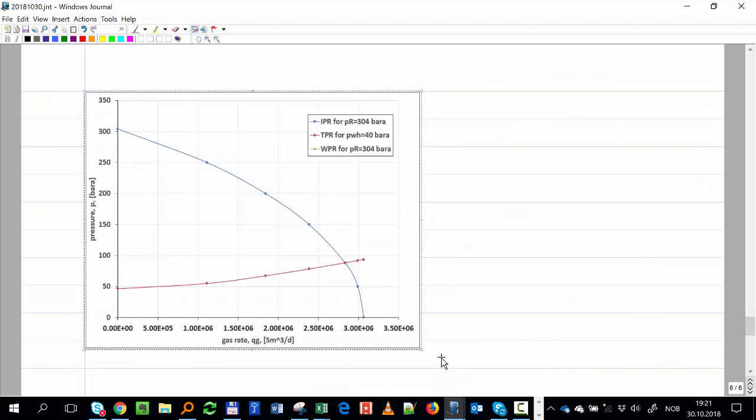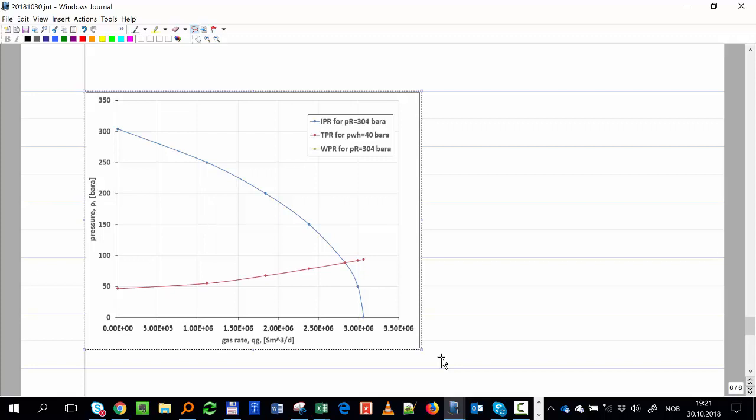So what's the effect of the tubing size? What's going to happen if I use a larger tubing? Let's think first logically, by intuition. If I use a bigger tubing, I will get a higher rate, because it will not be the restriction, the velocity will be lower, and then I have a better flow.